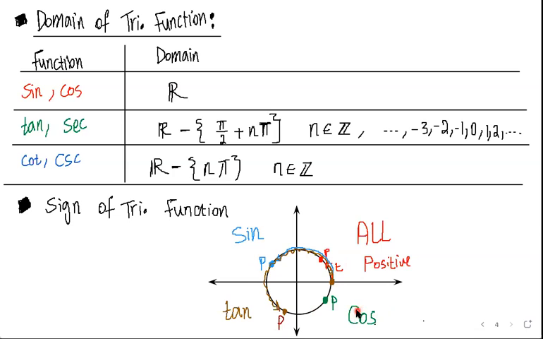So in this quadrant, all the trigonometric functions are positive. The second one is sine, the third one is tan, the fourth one is cosine only.